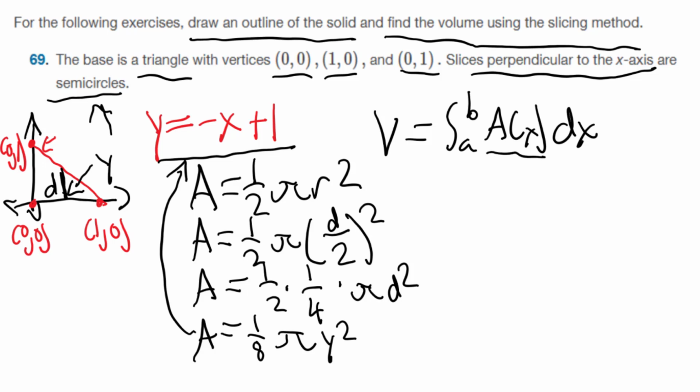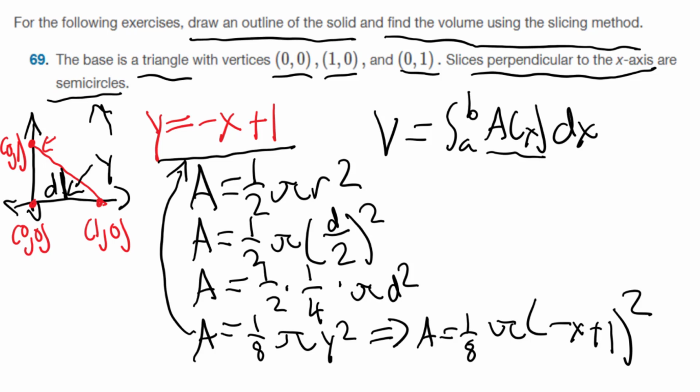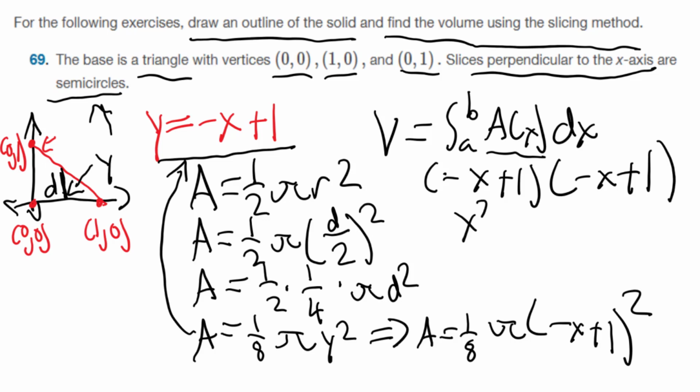So area is equal to 1/8 pi times (negative x plus 1) squared. Negative x plus 1 squared is equal to, we can factor this out, (negative x plus 1) times (negative x plus 1). We multiply negative x times negative x to get x squared, minus 2x plus 1.